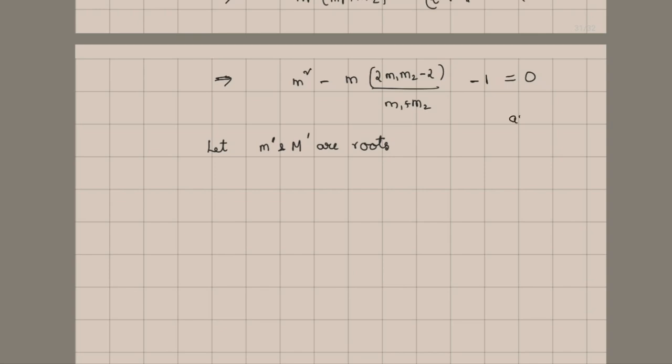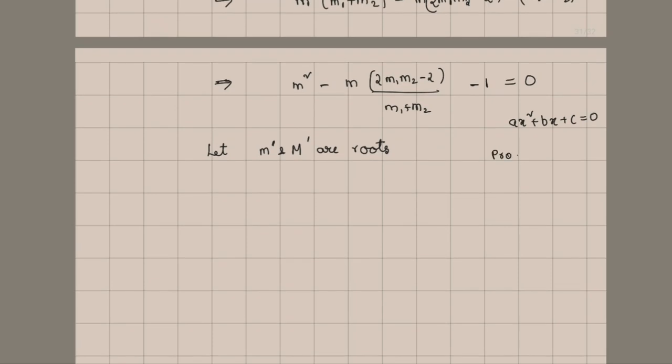Let's say this is ax square plus bx plus c equal to 0. Product of roots equals c by a. Here c is nothing but -1, a is nothing but 1. So m dash into m dash equals -1.